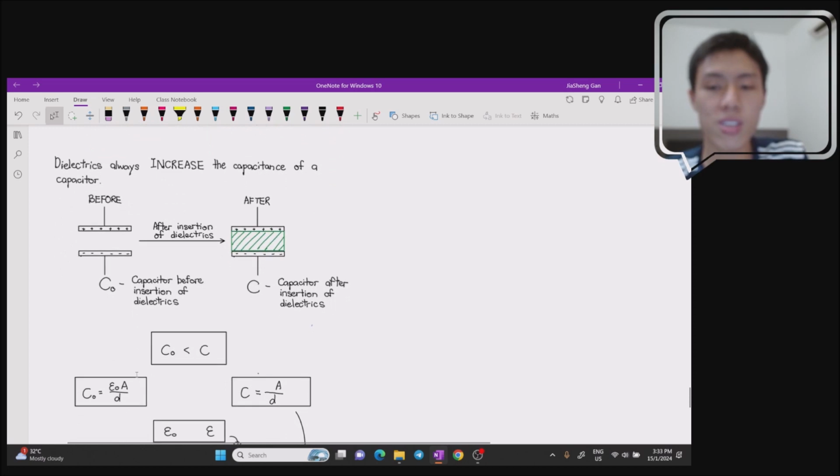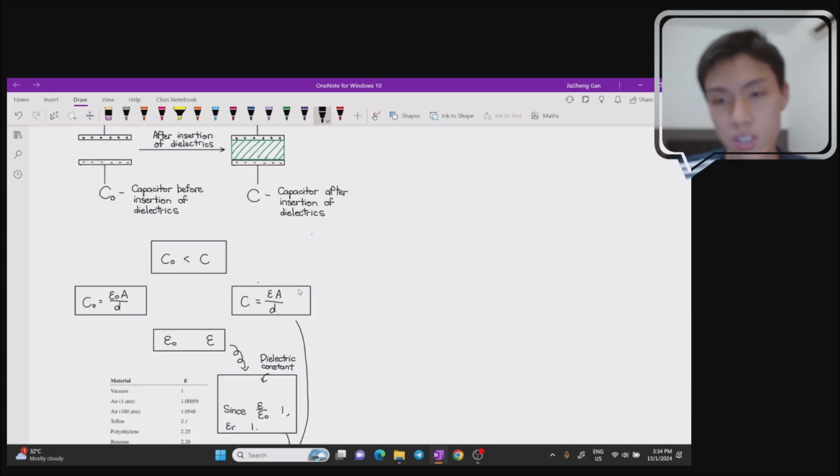So this permittivity will no longer be epsilon naught. Epsilon naught is for the original case, without the dielectric, which is free space. But now it is not free space, so we should not put epsilon naught. We should just put epsilon, which represents the permittivity of the material.